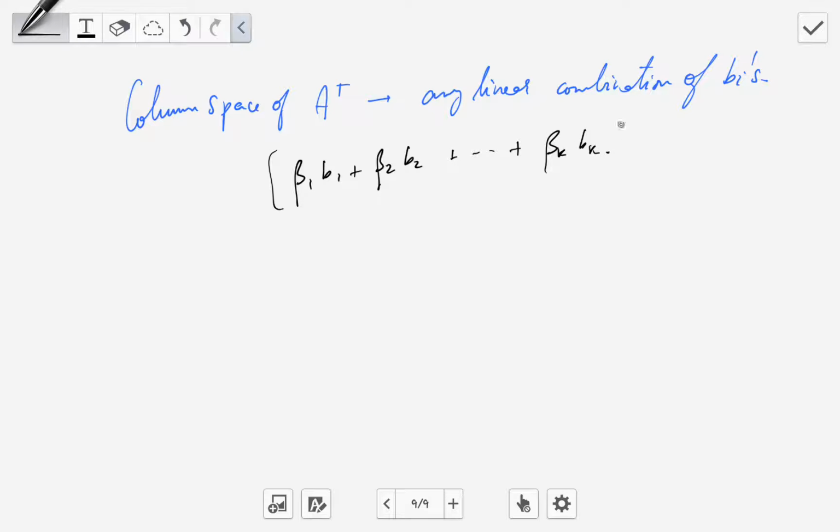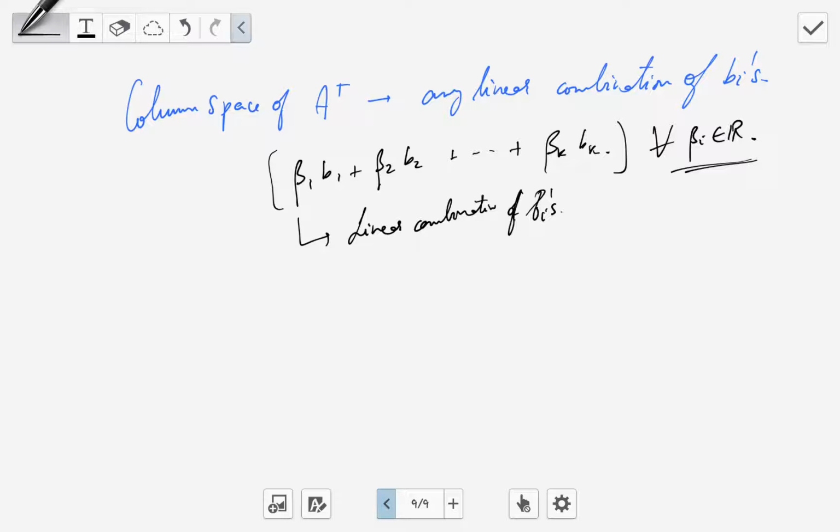This is a linear combination of Bi's, for all beta i belonging to R.